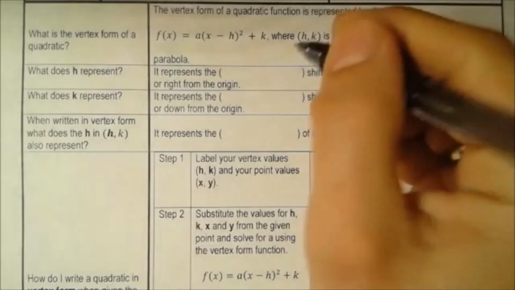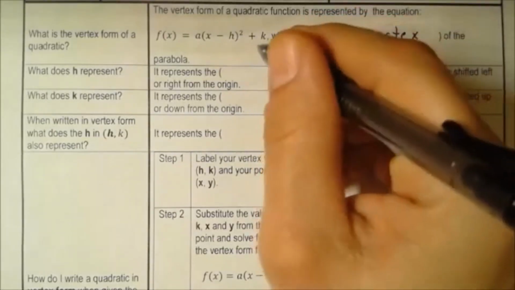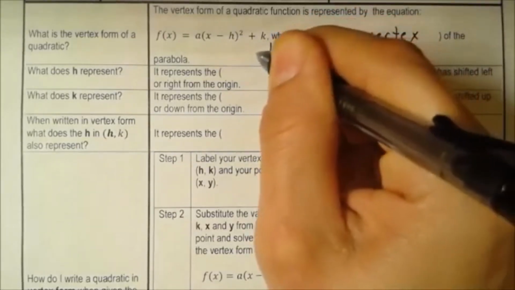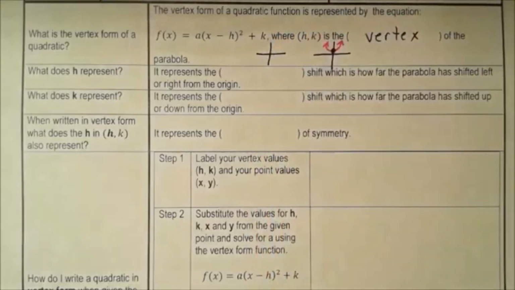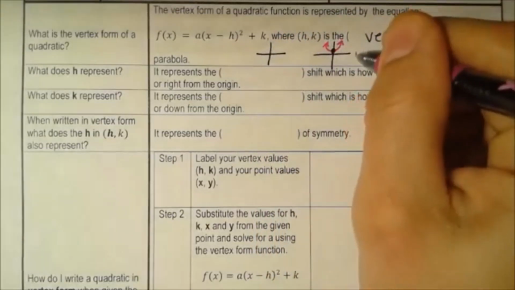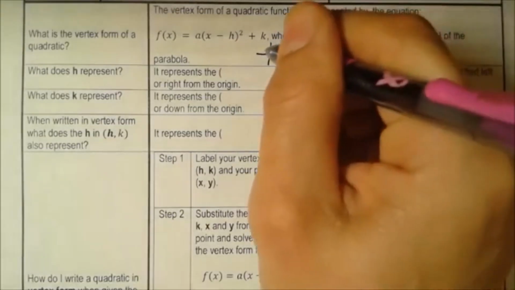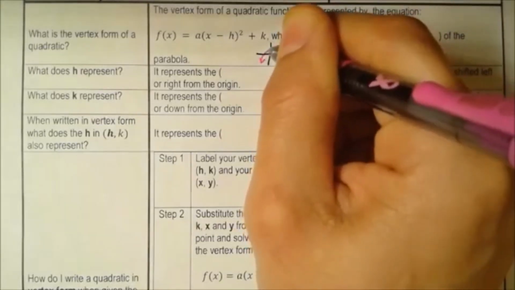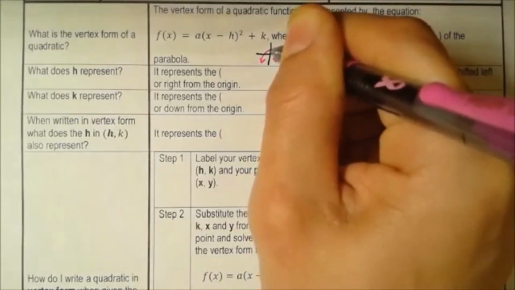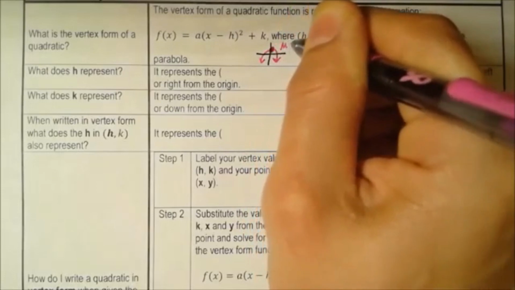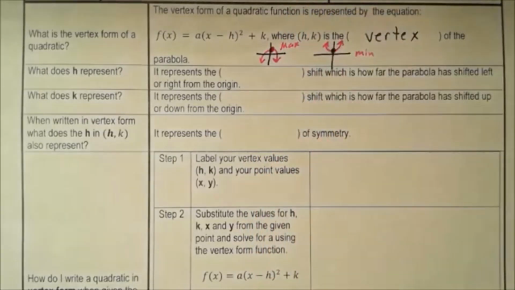It also would be on the line of symmetry, or we could cut it in half. Keep in mind, in this case, it's the minimum, and in this case right here, the vertex would be the maximum value.